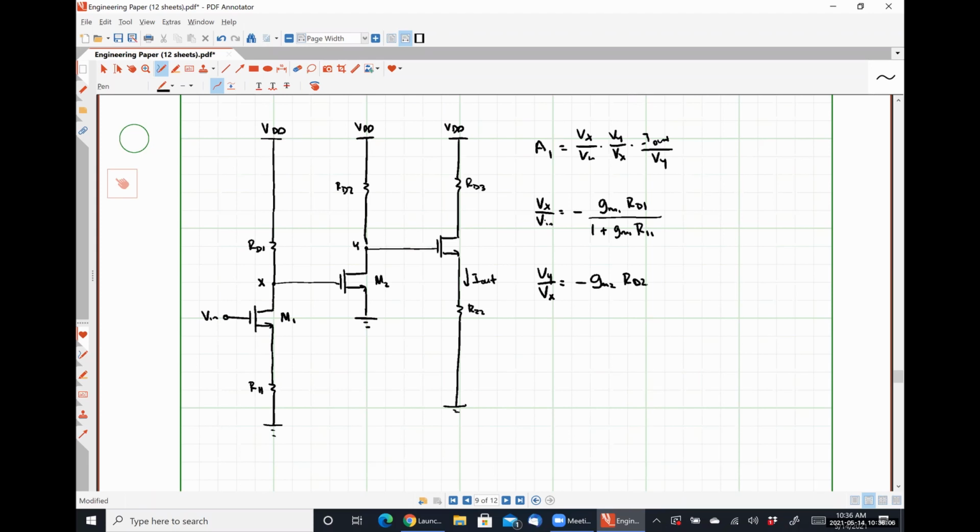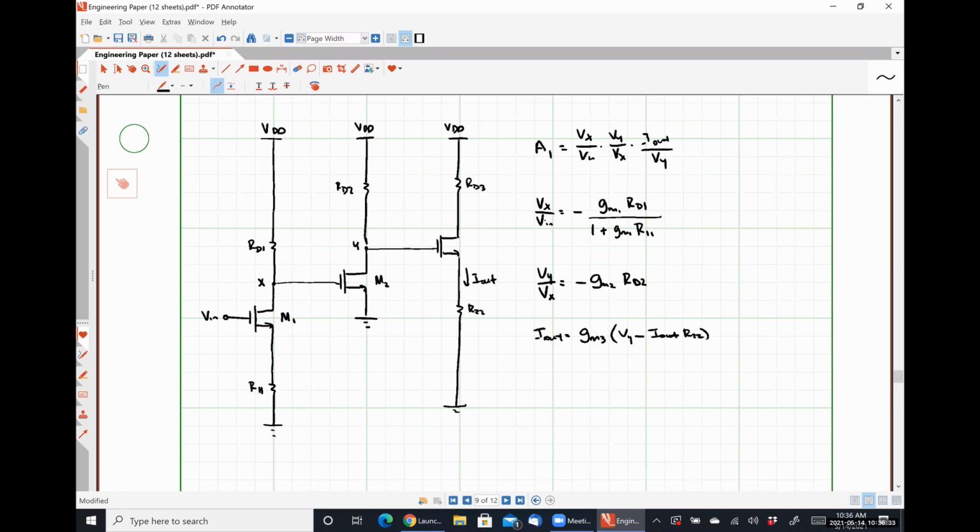For our last stage, we know that I out is going to be GM3 times VGS3, where VGS3 is Vy minus I out times R22. Everybody okay with that?